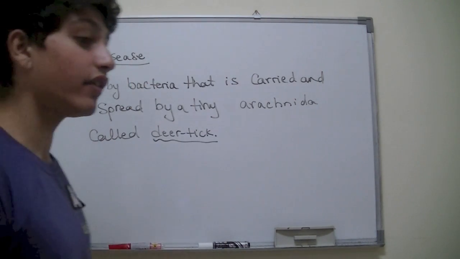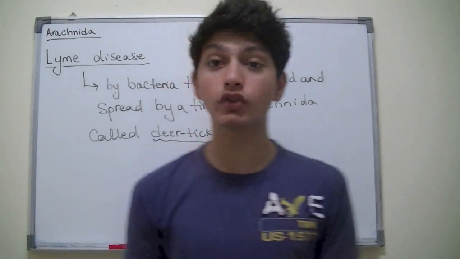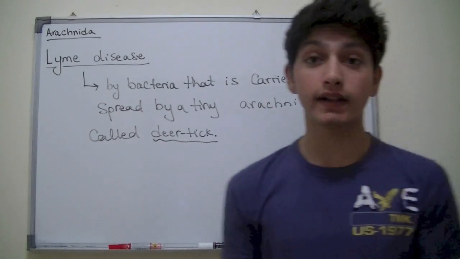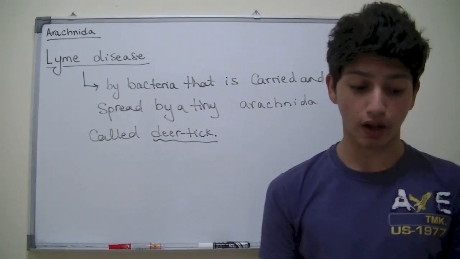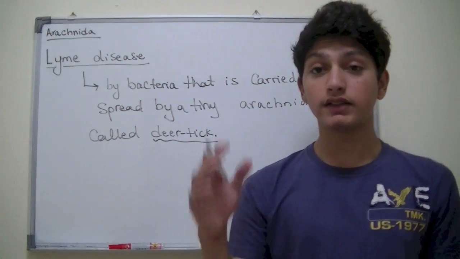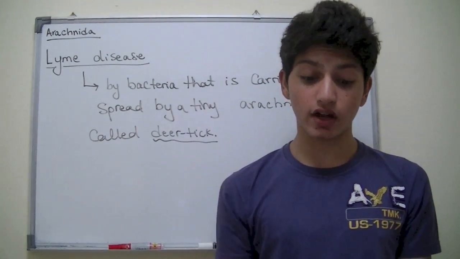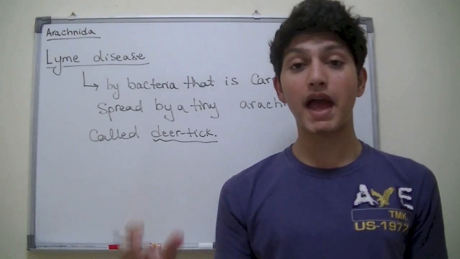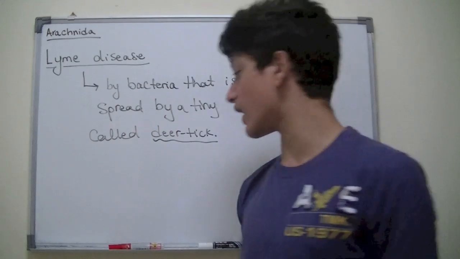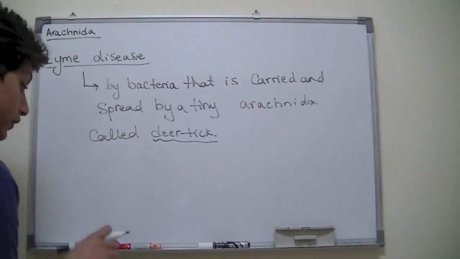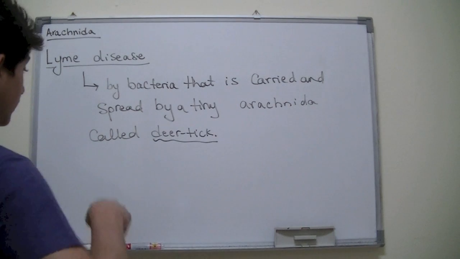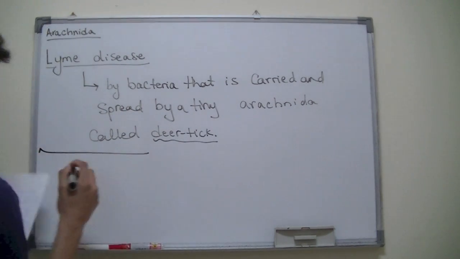Now, if you want to protect yourself, and if you're still confused about what a deer tick is, let's go ahead and learn what a deer tick is. Well, deer ticks are basically chelicerates and arthropods without mandibles. Okay, so let me just write it down. Here, I'm going to use different markers.